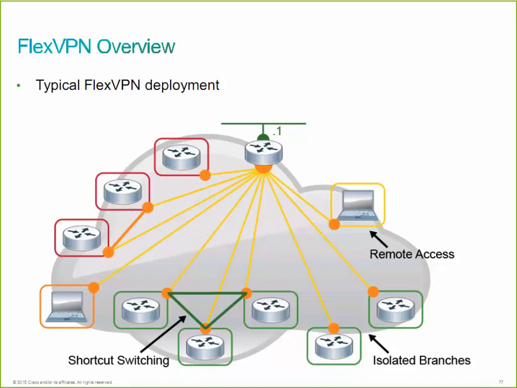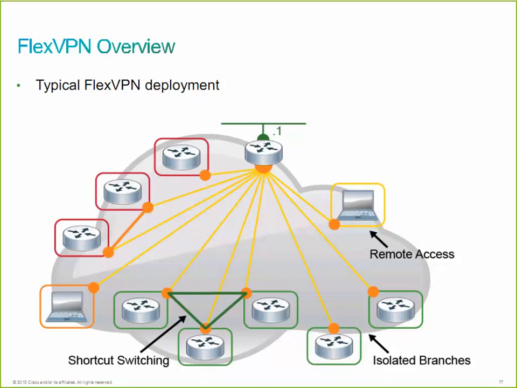It is designed for the concentration of site-to-site VPNs as well as remote access VPNs, using one VPN deployment that can accept both types of connection requests at the same time. GETVPN doesn't do that. DMVPN doesn't do that. Those are solely used for site-to-site VPN configurations. Okay?